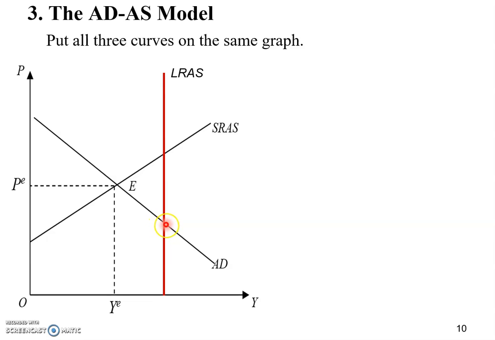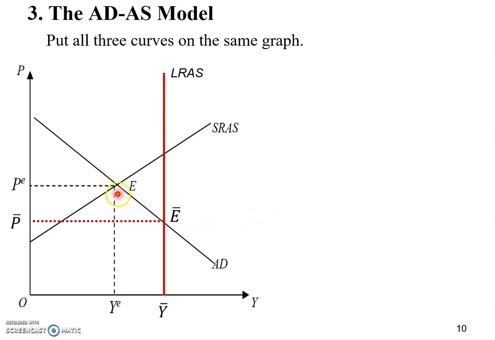And that means here we also find a long-run equilibrium point, and this is called E bar. And we have the long-run equilibrium overall price level, P bar, and long-run equilibrium output level, which is Y bar. Once again, Y bar is the potential GDP.